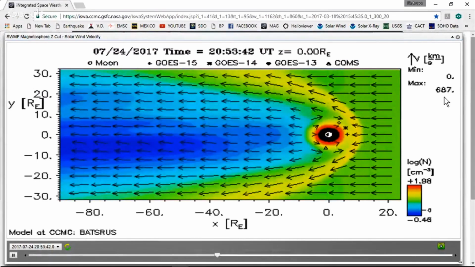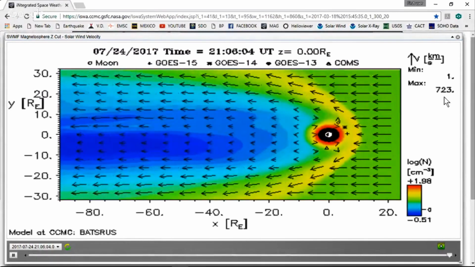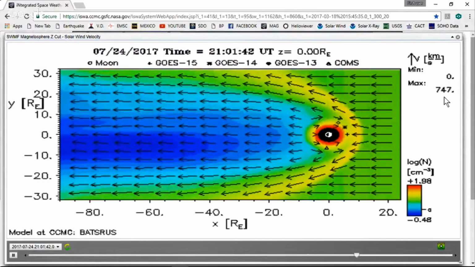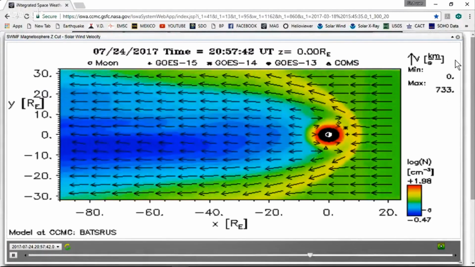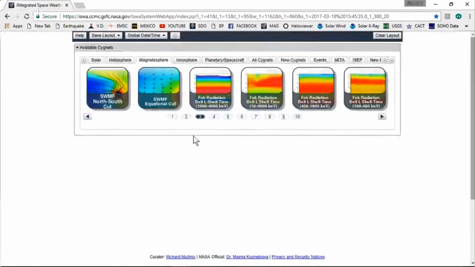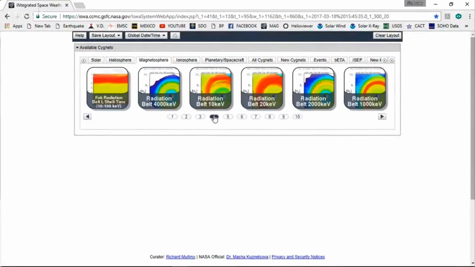It's not bad at the moment. Dealing with the actual solar wind speed, that's not that bad. We've seen it tremendously worse than that. Yes, over 3,000 kilometers per second we saw the other day.